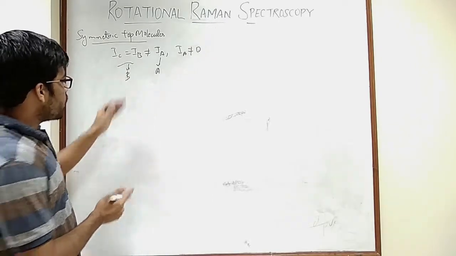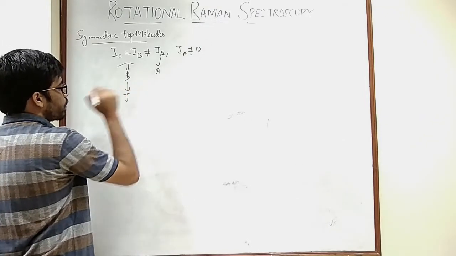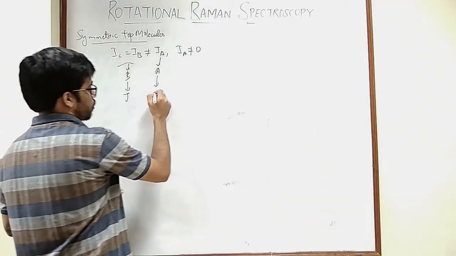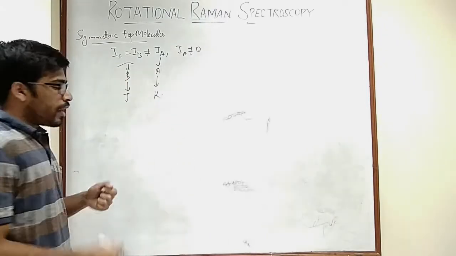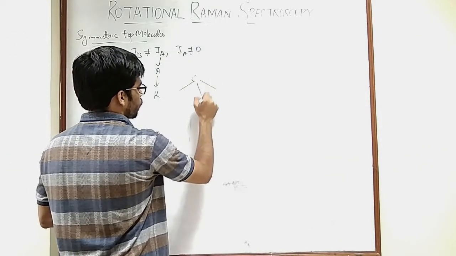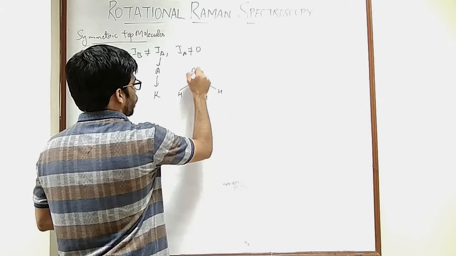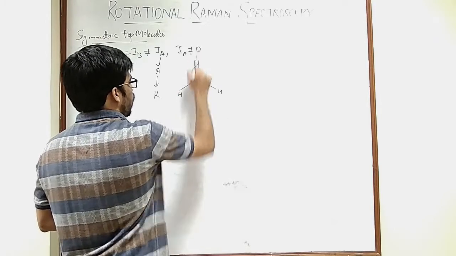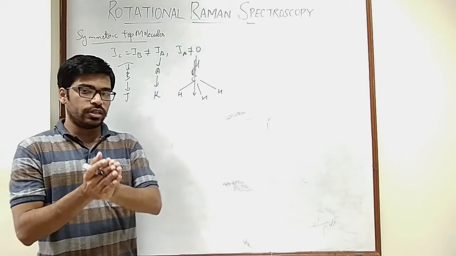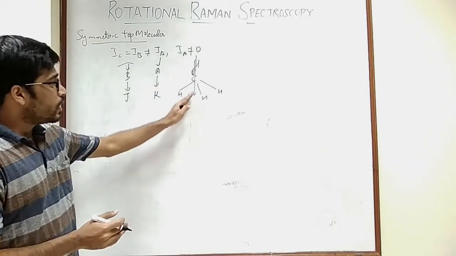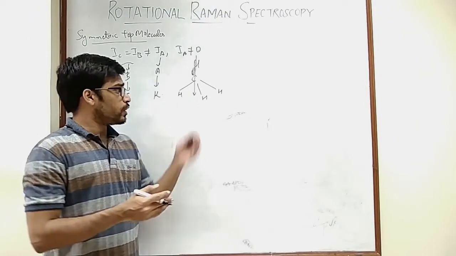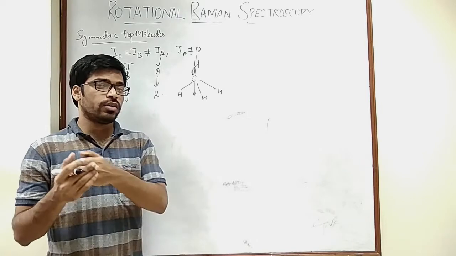Now, for B, I will get some rotational quantum number J. For this rotation, I'll get some rotational quantum number K. In principle, this is considered to be the rotation along the axial axis, along the C-Cl bond on which the molecule is actually looking like a top. So that is your second rotational axis for this molecule, or the second different rotational quantum number.